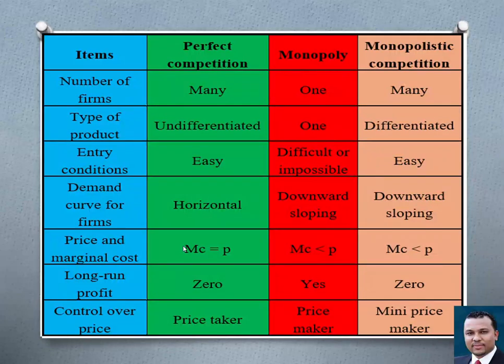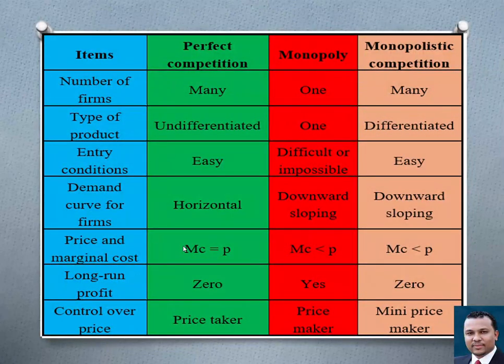So this item is common in monopoly and monopolistic competition. The relationship between price and marginal cost: marginal cost equals price in perfect competition only. But in monopoly and monopolistic competition, the price is greater than marginal cost.